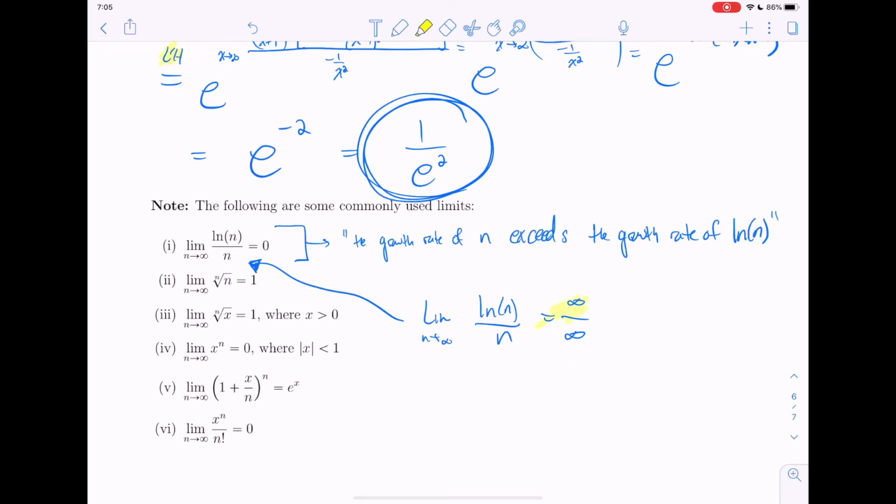This is a L'Hopital problem. But the fact that the actual answer is 0 means that somehow the denominator is going to infinity faster than the numerator. That is, the growth rate of the denominator exceeds the growth rate of the numerator.